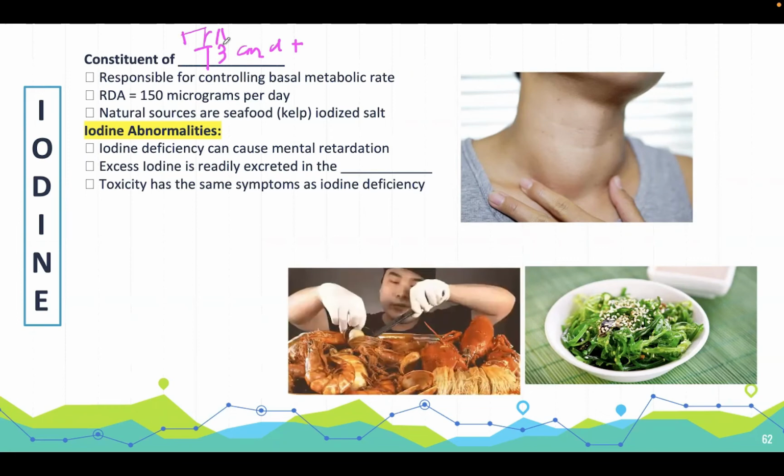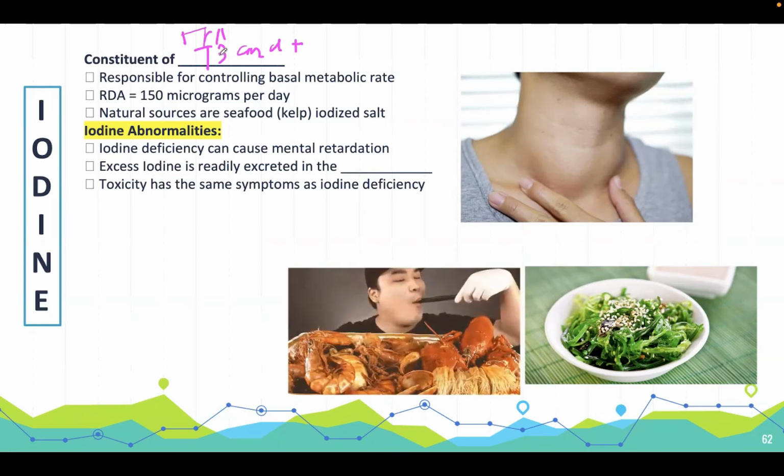Again, T3, triiodotyrosine. T4, thyroxine.